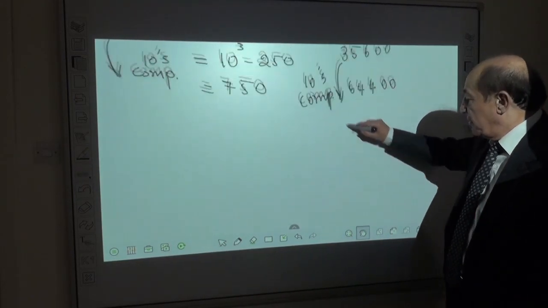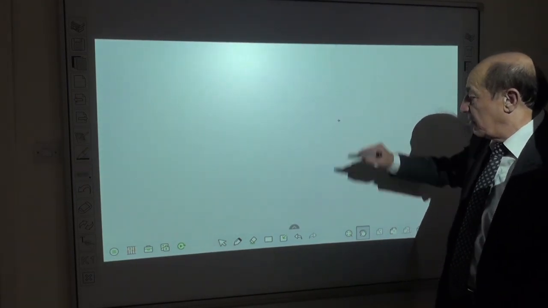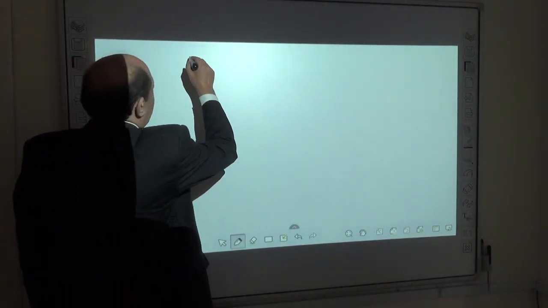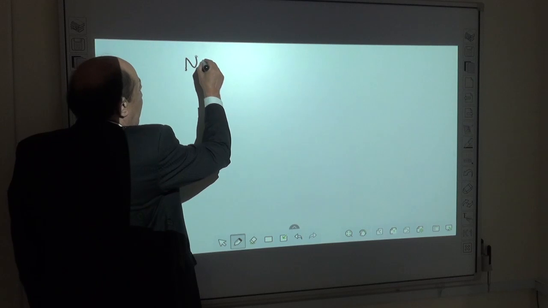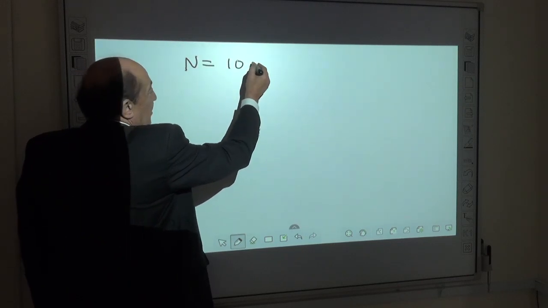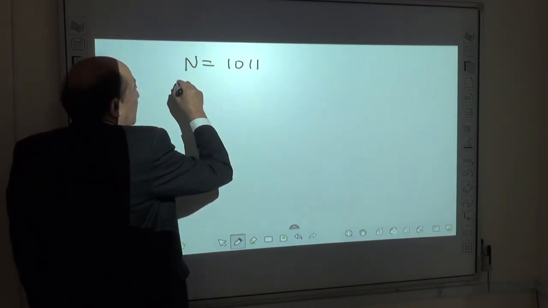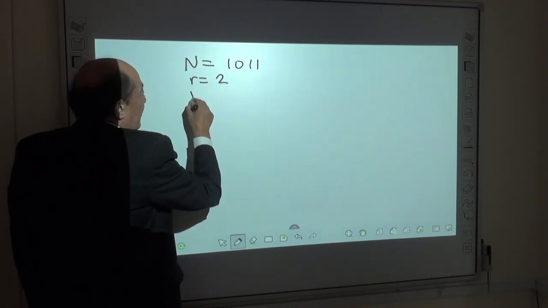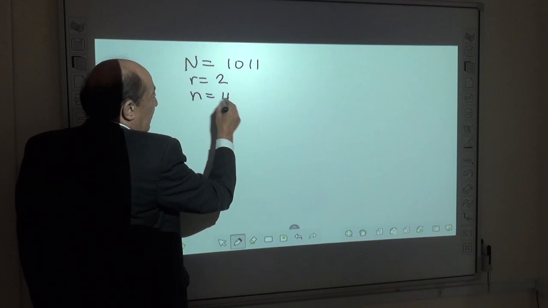In binary, we use the same rules. For example, we have the number n equals 1, 0, 1, 1, r equal to 2 for binary, number of digits n equal 4.